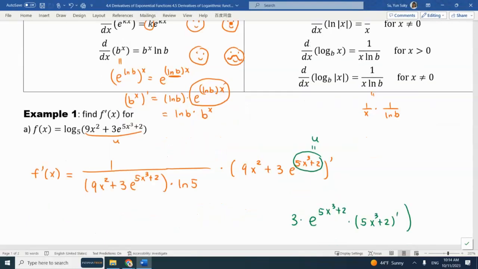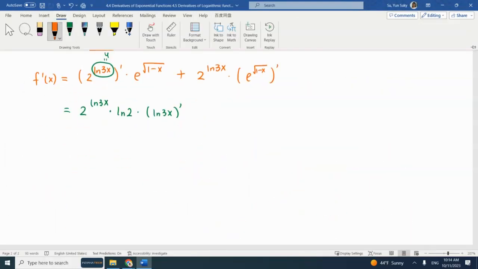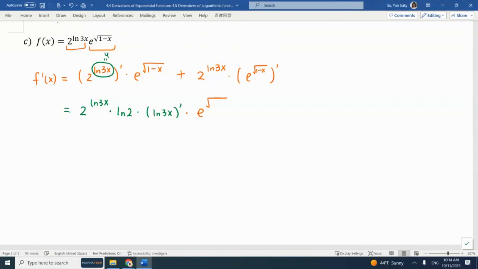And then next we have e to the square root of 1 minus x plus 2 to the ln 3x. Chain rule. If this is 2 to the x, then you use 2 to the x ln 2.